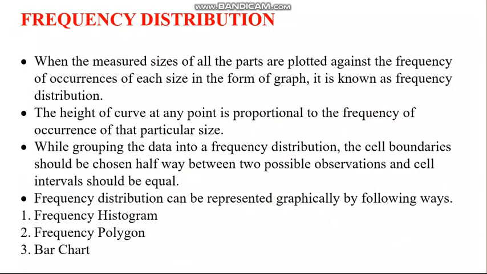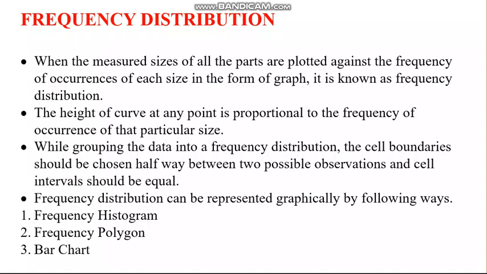Then frequency distribution. When the measured sizes of all parts are plotted against the frequency of occurrences of each size in the form of a graph, it is known as frequency distribution. Like in a cricket match, you plot the overs on the x-axis and the number of runs scored on the y-axis.